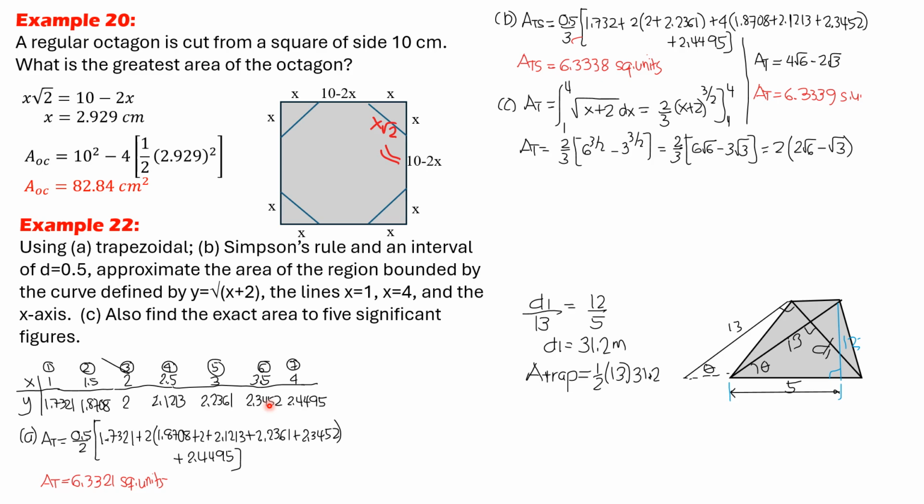So the area by the trapezoidal rule is d over 2 quantity H1 plus 2 times the sum of intermediate offsets plus Hn. So half d over 2 quantity H1, plus 2 times the sum of intermediate offsets up to 2.3452, then plus Hn, 2.4495.